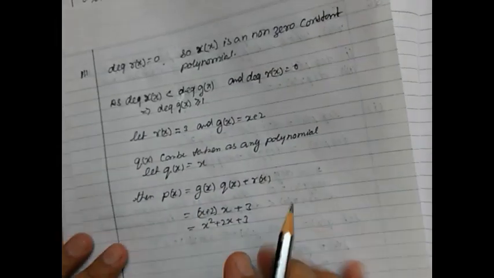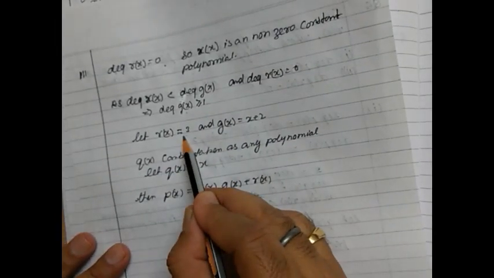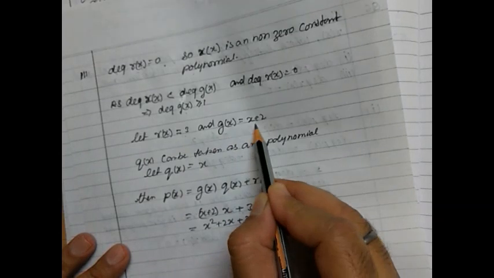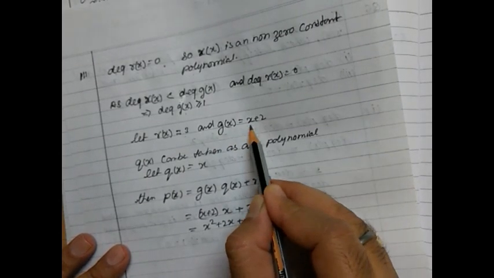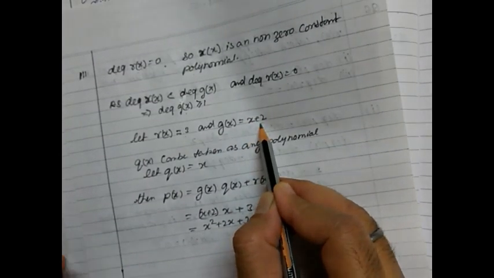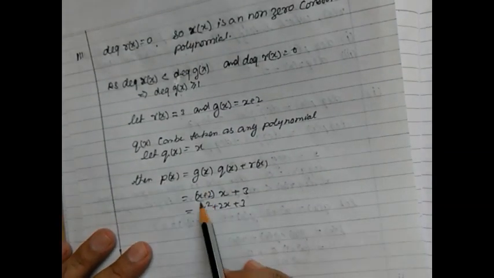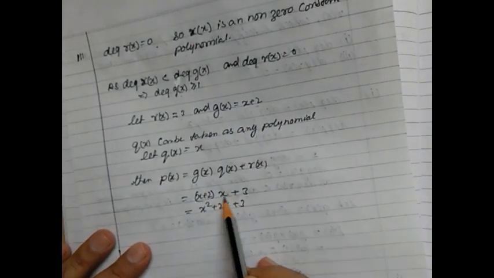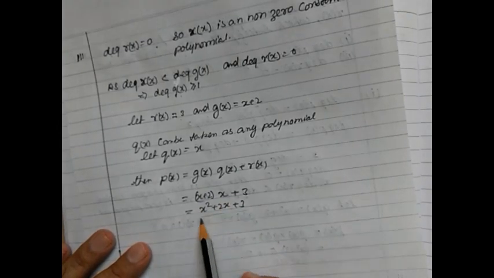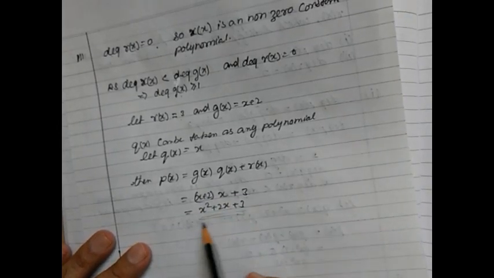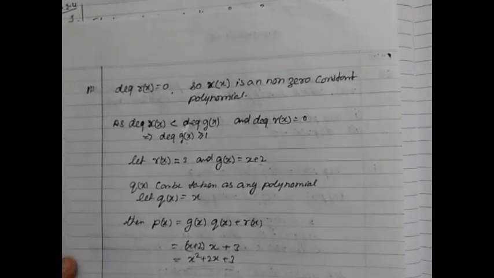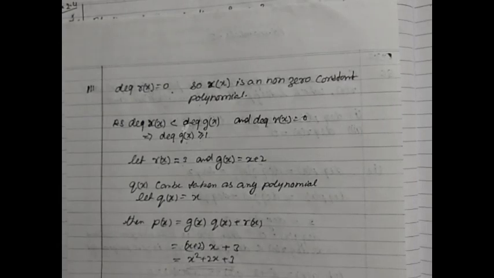So we take r(x) as 3 and g(x) of degree 1, that is x plus 2. Here I can take g(x) of higher degree than this also. When we place it, p(x) will be g(x) into q(x) plus 3, so we obtain this value. I hope this is clear. If you have any confusion, kindly pause the video and see it again and again. Your concept will be clear.